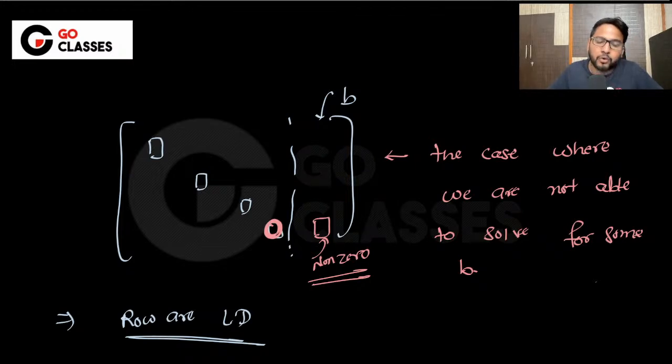Can the columns be linearly dependent or independent? That we don't know. It depends on the number of columns. But from here, we can say that rows are linearly dependent for sure, because if we are not able to solve, then zero and non-zero must exist.